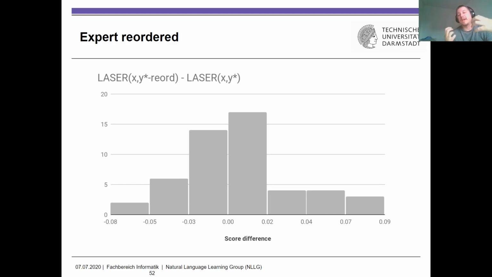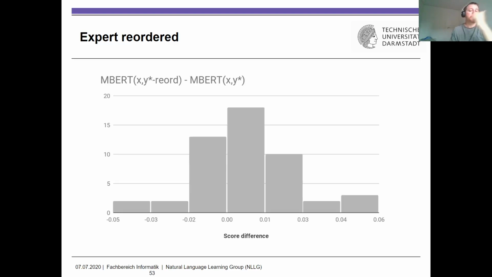LASER doesn't care whether you have the expert reordering or the original human reference, which indicates that LASER is indifferent between two orderings, namely the correct English ordering and an ordering where the source, which was German, and the target, which is English, have the same order, right? So it's indifferent between that.